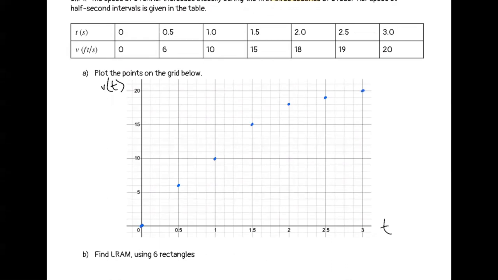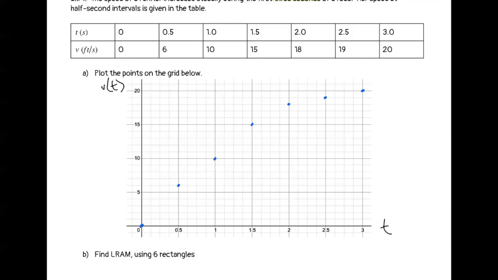Now, I don't want us to connect the points because we don't always know what happens. These are just snapshots. So it's possible that it sort of went like this, but it's also possible that it went like this. We don't really know exactly how they connect. These are just snapshots of specific moments in time.